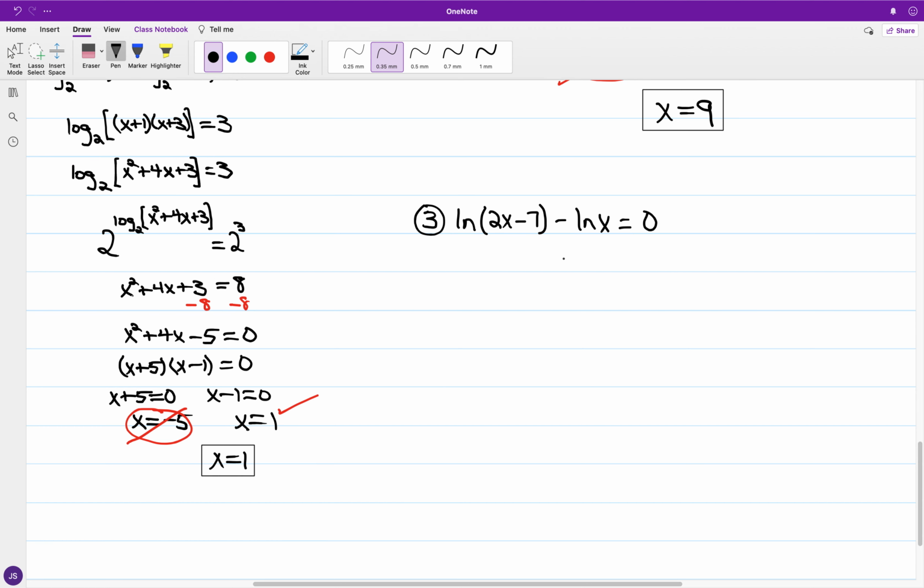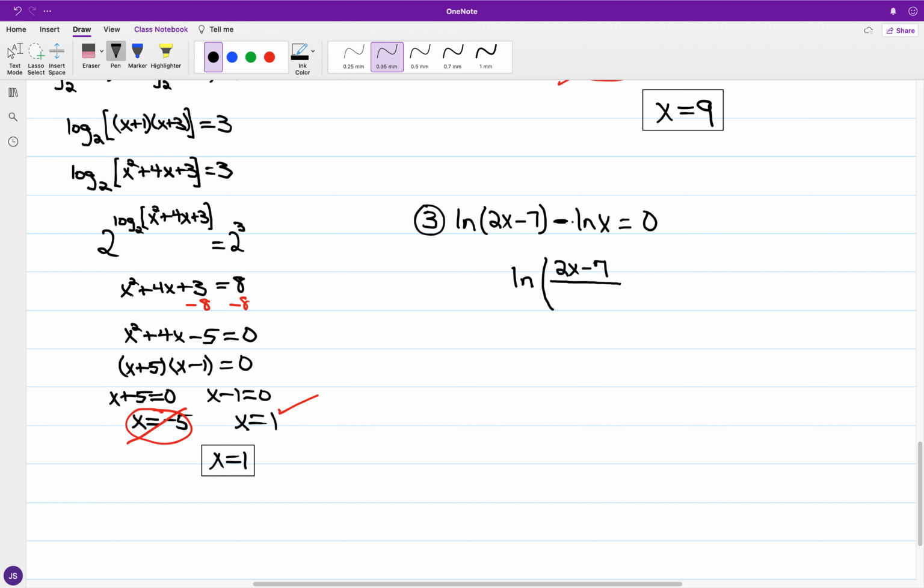Okay, and so we have the difference of terms in the same logarithmic base. Once again, subtraction will imply division. So we'll have the natural logarithm of a ratio, and the top part will stem from the positive logarithmic terms. So at the top will be 2x minus 7, and on the bottom will be the part that stems from the negative logarithmic terms.